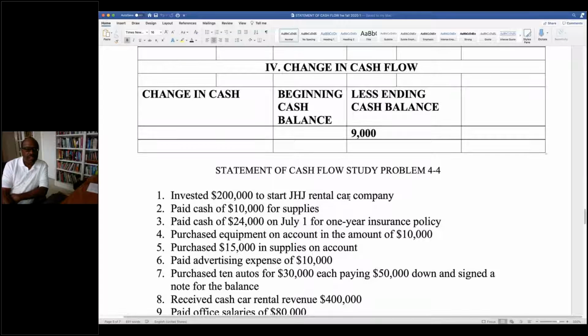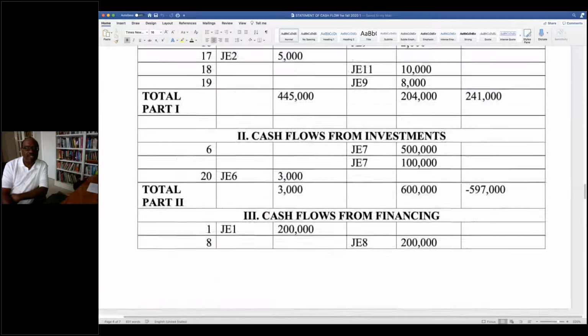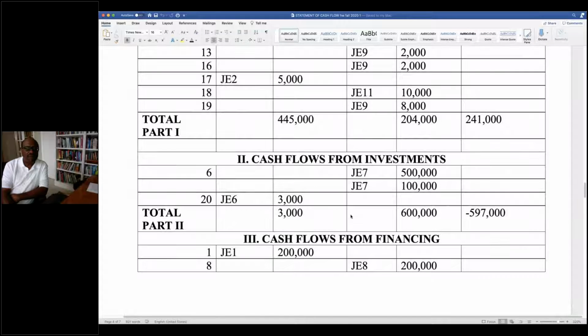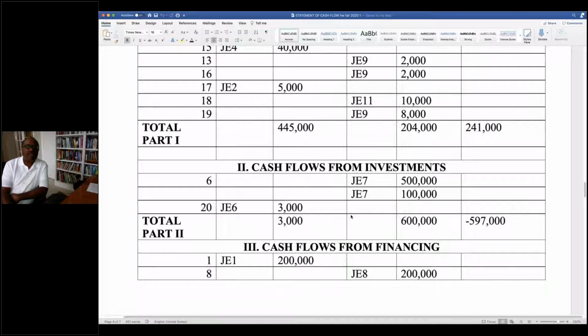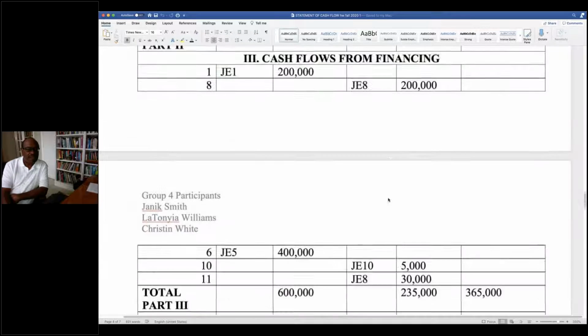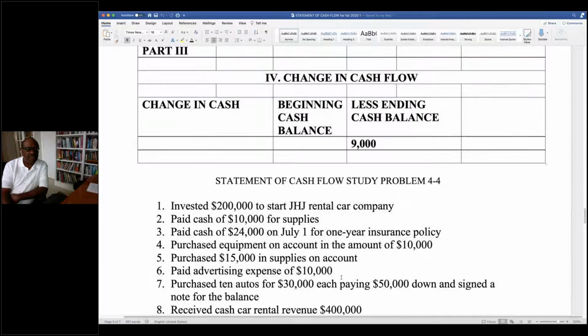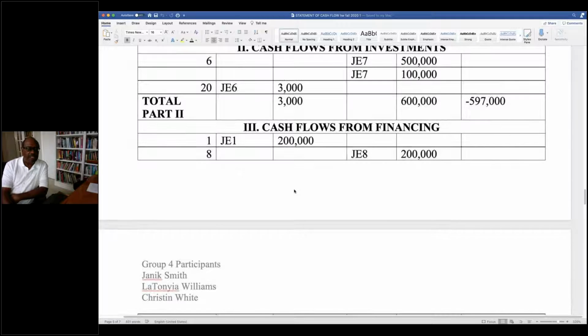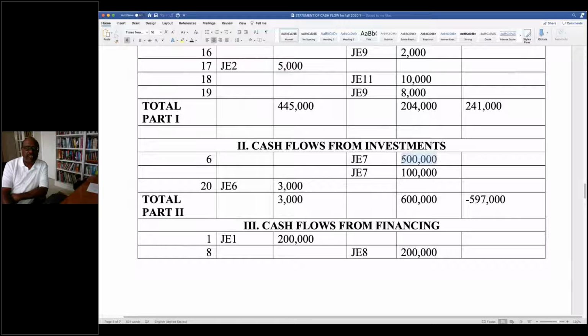Purchased 10 automobiles for 30,000 each. Journal entry 7. So if we purchased 10 automobiles for 30,000 each, seems like we'd have $300,000 here, wouldn't we? Not sure why this is here.